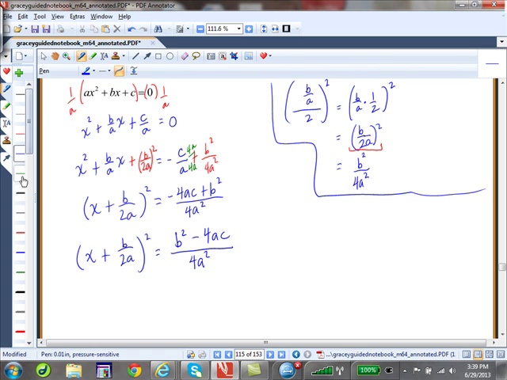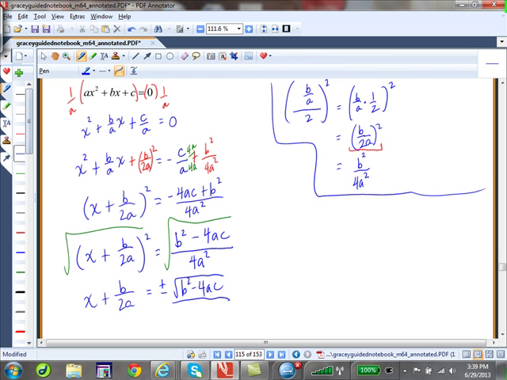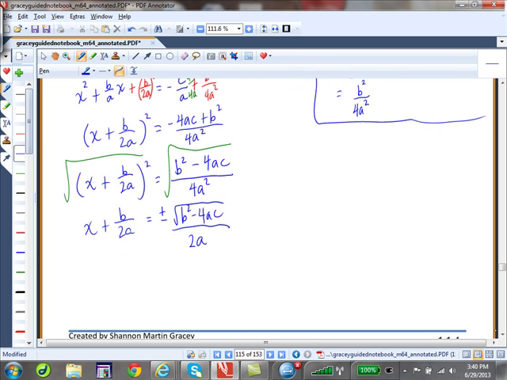Okay, so now we can apply the square root property, and we will end up with x plus b over 2a is equal to plus or minus the square root. Actually, we can evaluate the top part of the fraction, the numerator, will be b squared minus 4 times a times c. The denominator is going to be 2a. And now we just need to subtract b over 2a from both sides.